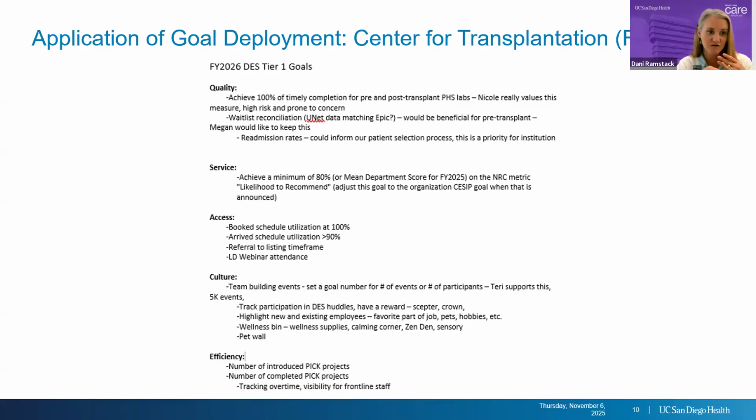And we had folks put out and say, well, gosh, everybody's talking about access and this schedule utilization, but we don't know what that means. We don't understand the numbers. And to me, I was like, my frontline team does not want to know these management terms, like how exactly I'm tracking arrived and booked and all that stuff.